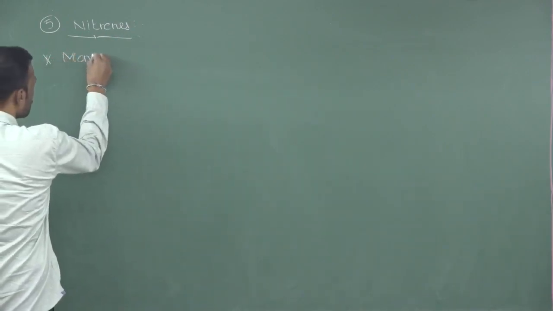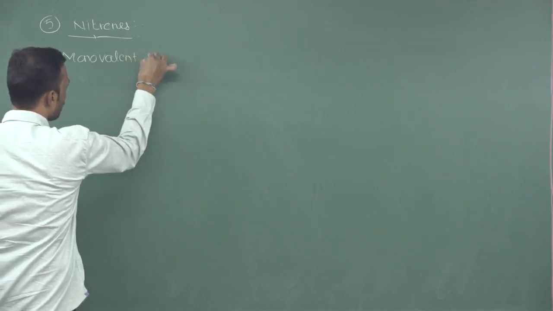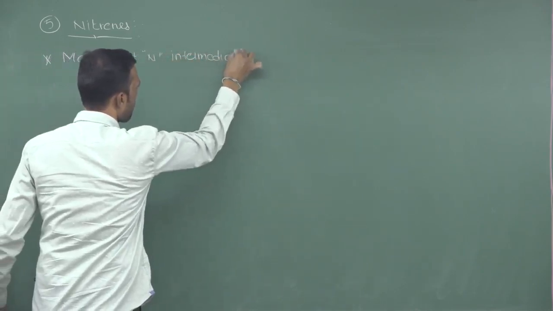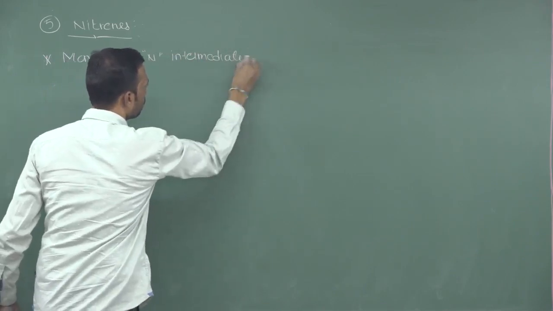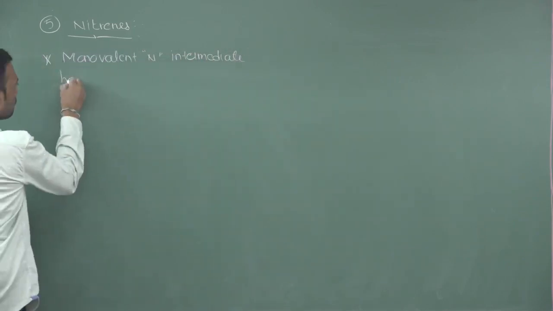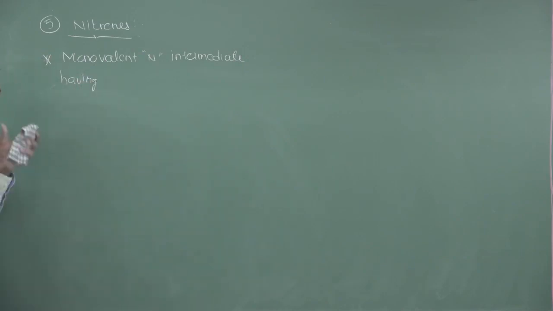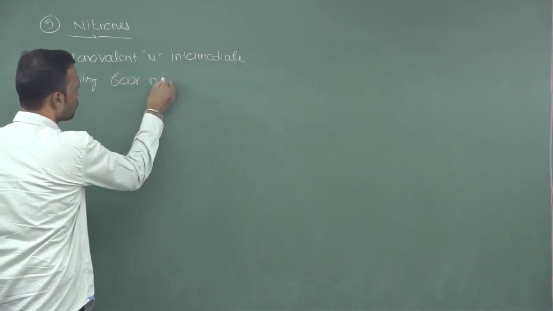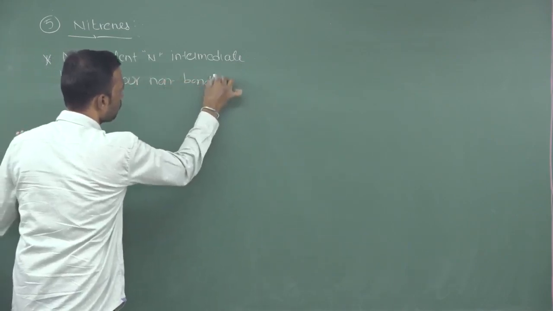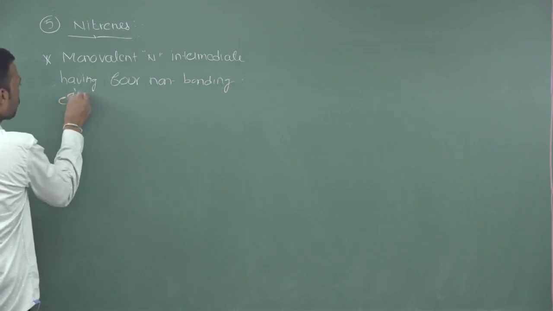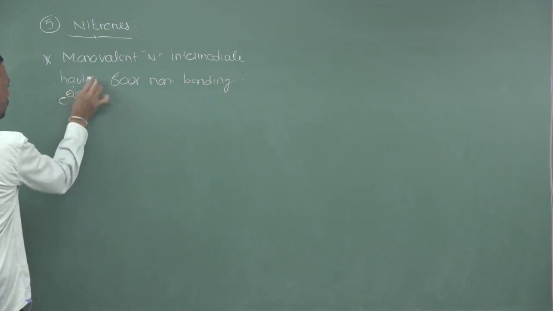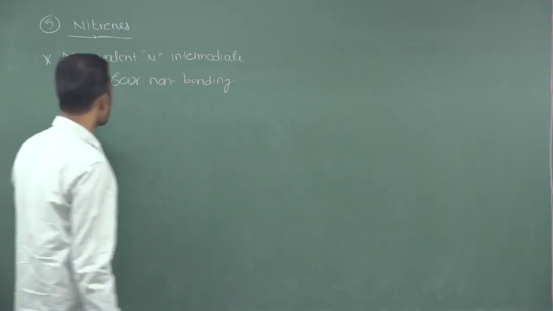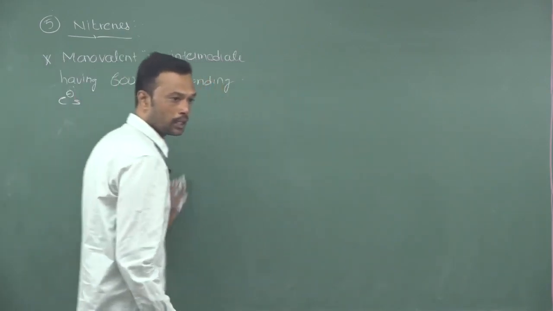So, you can write like this, right, monovalent nitrogen intermediate having 4 non-bonding electrons. It is a monovalent nitrogen intermediate which will carry 4 non-bonding electrons.